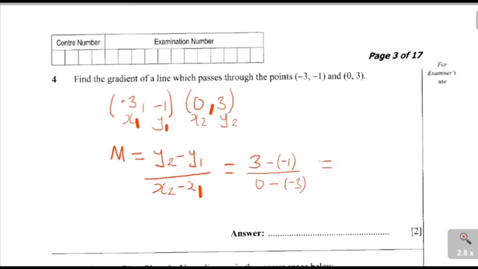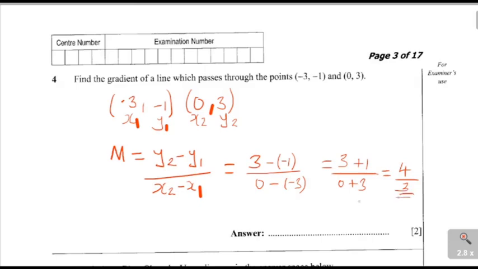From here, just open the brackets. So you say 3, then negative times negative, you are going to get positive 1 over, again here you write 0, negative negative, so you are going to write a positive 3. Now from here you say 3 plus 1, it's a 4 over 0 plus 3, you get a 3.